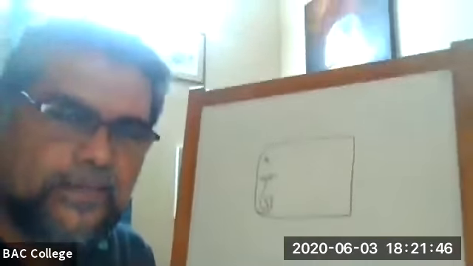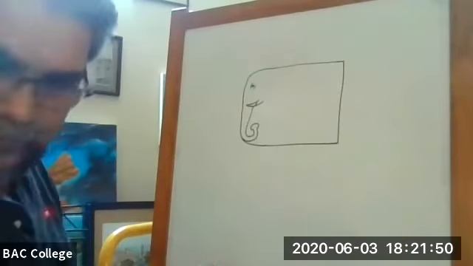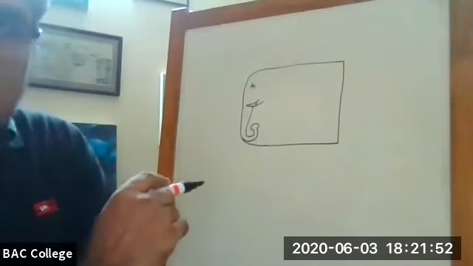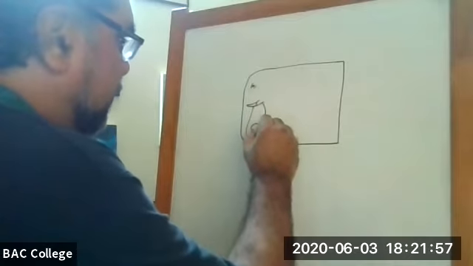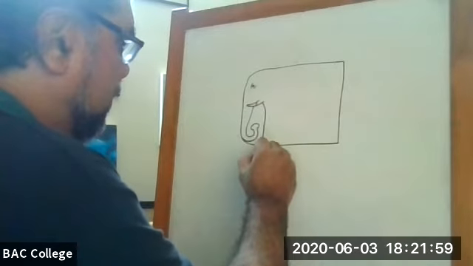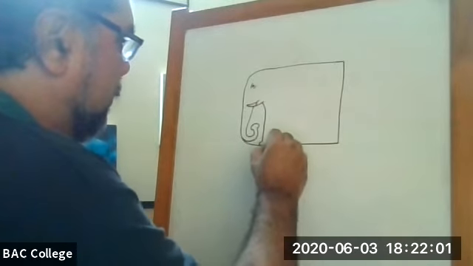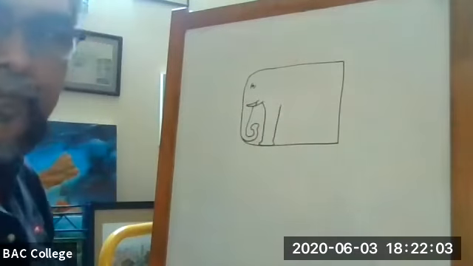Once you've done that, the next thing we're going to do is draw the front leg over here. It comes out like this.